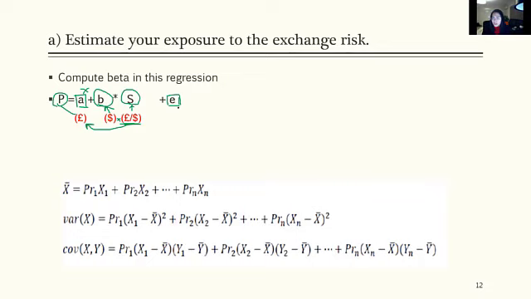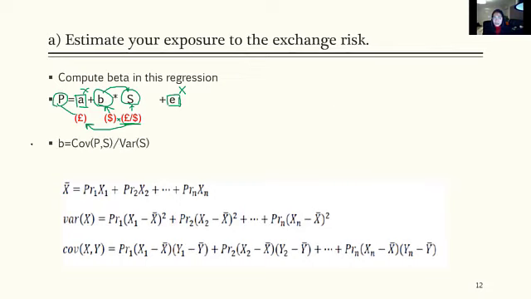This error term is assumed to be random and normally distributed. By definition also, it should not relate to the exchange rate. As a result, the only coefficient that we worry about in this regression is the beta, because it's related to the exchange rate.